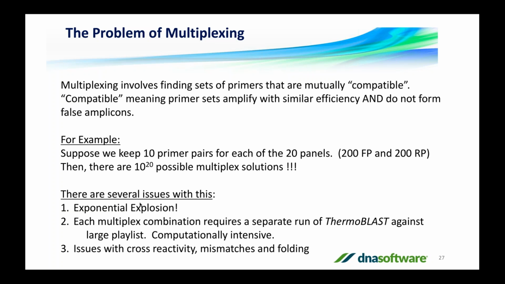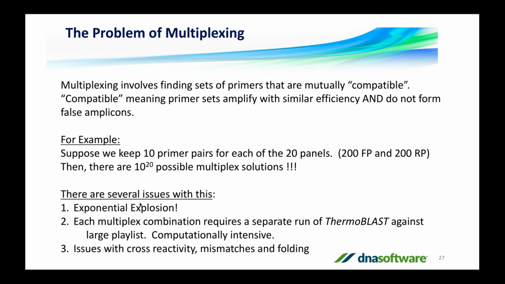For example, suppose you had a 20-plex, 20 different panels, and you wanted to design 10 primer pairs for each of those 20 panels in the hope that one of those primer pairs might play well together with the other members of the 20-plex.